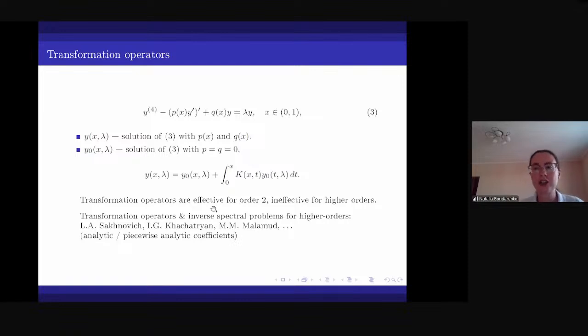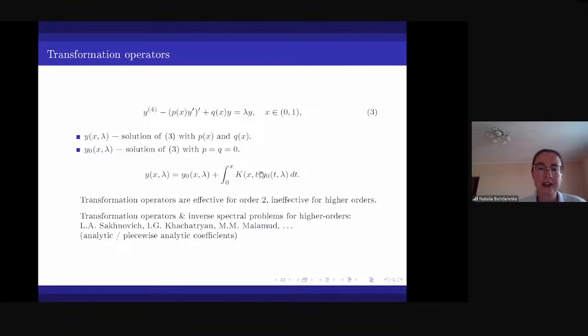And then the transformation operator is the Volterra integral operator of this form, which transforms the solution of the trivial equation to a solution of the non-trivial equation with some non-zero coefficients.